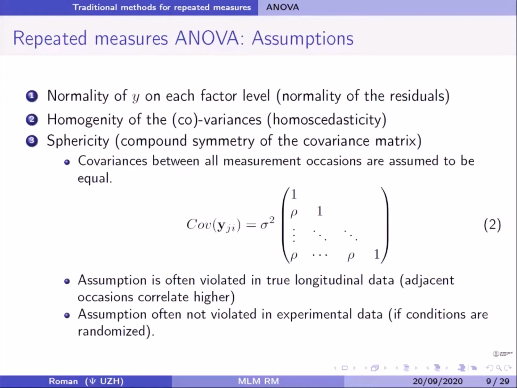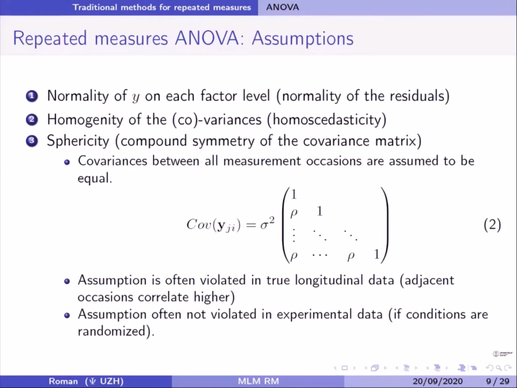Now, assumptions. We assume the normality of Y on each factor level. So this is the normality of the residuals, okay? We assume normally distributed residuals. We assume homogeneity of the variance and covariances. Again, this is homoscedasticity, that the variance of the predictions are the same across our grouping factors here.